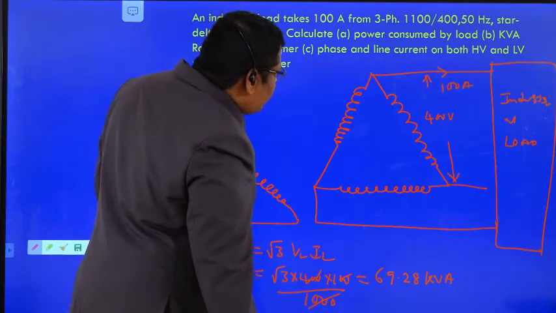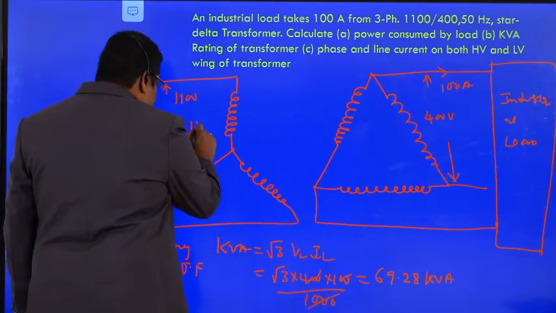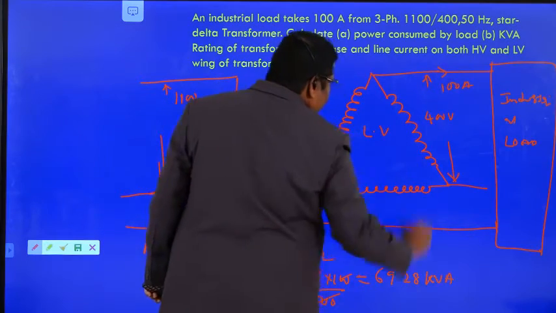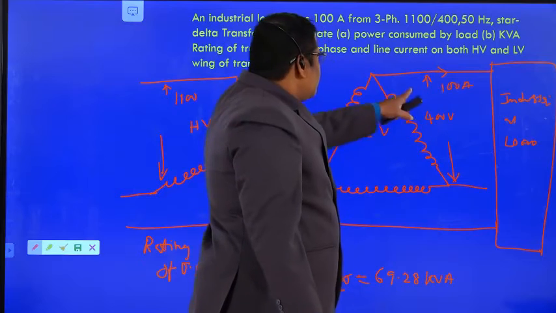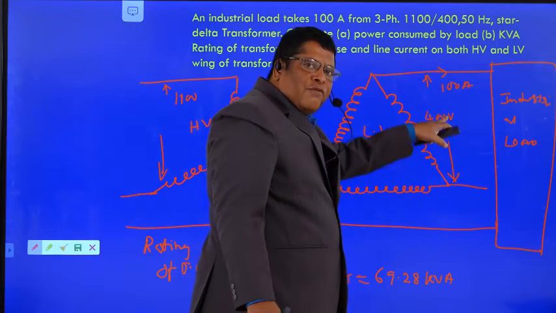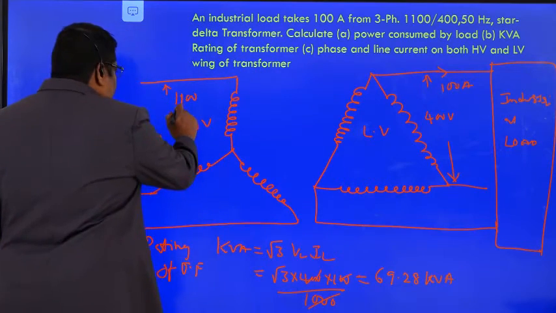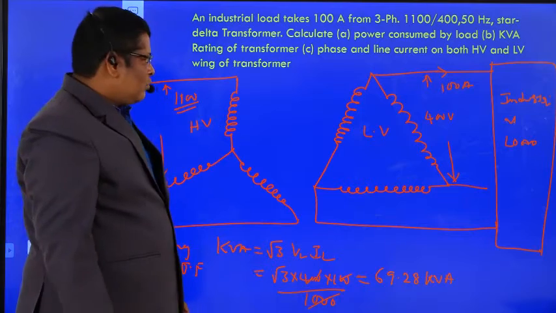Next, phase and line current on both HV side and LV side. This is the HV side where the voltage rating is high. This is the LV side. The voltage is given here. The secondary is getting 400 volts, which means the primary is subjected to 1100 volts.